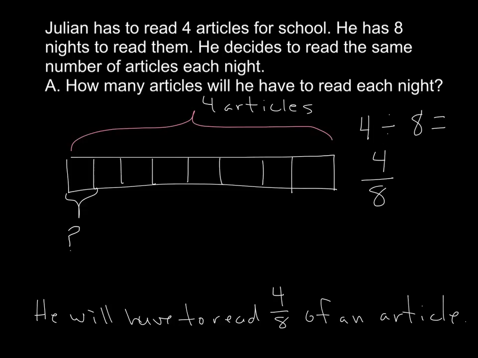We're dividing our articles up into 8 pieces in this problem, and it wouldn't make sense for him to read 1/8 of an article and then 1/8 of another article and 1/8 of a third article and then the 1/8 of a fourth article. So really, in reality, what he's going to want to do is read 1/2 of an article every night. The first half one night, the second half the next night. First half of another one the third night, second half, so that he does it in a logical fashion.